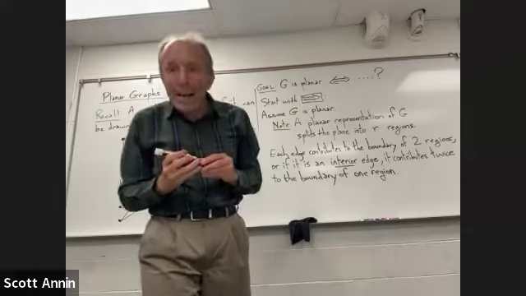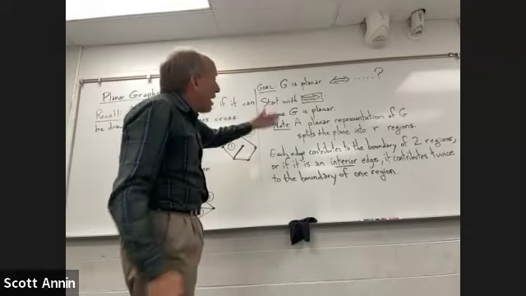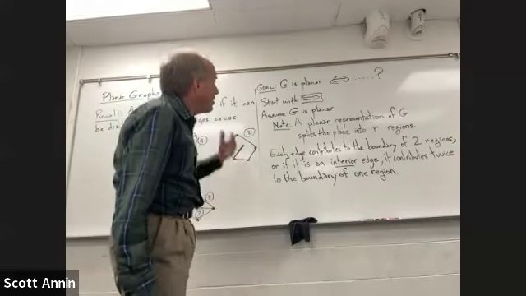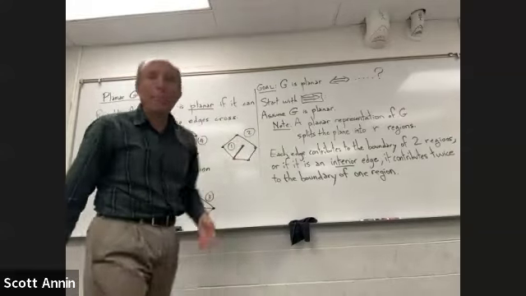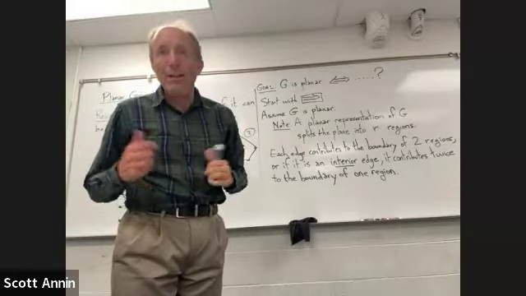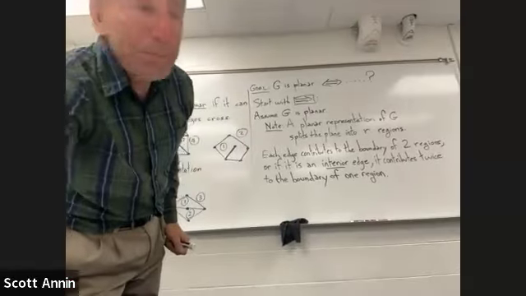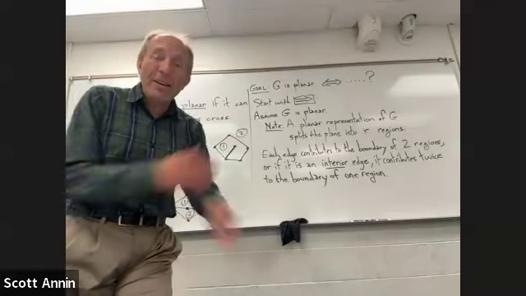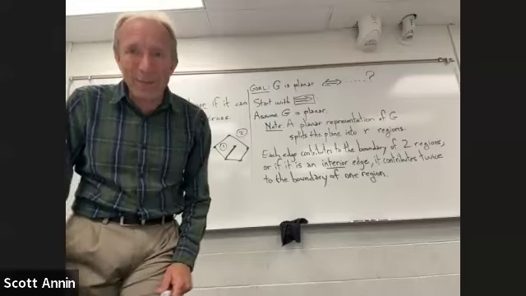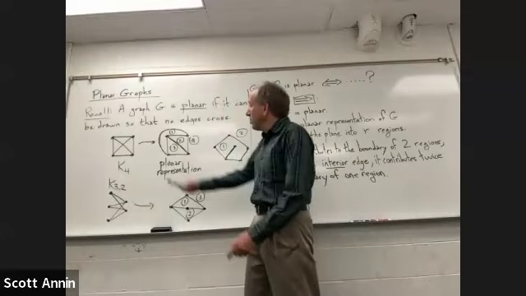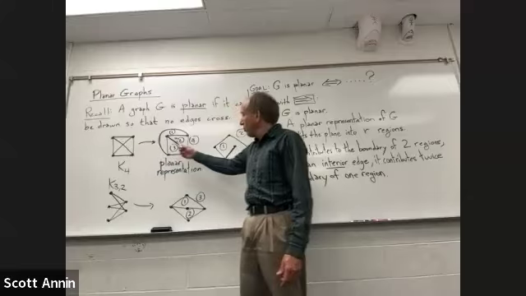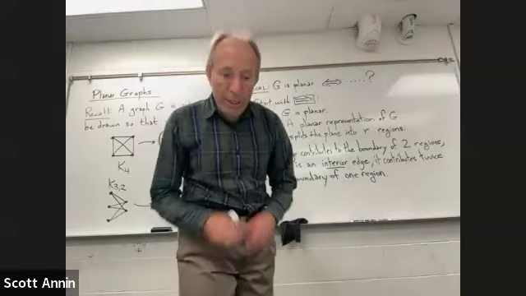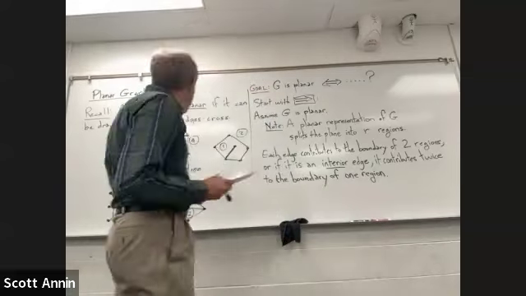So if you really want to analyze the graph in terms of how many regions it has, you need to do it in the context of a planar representation, not just any old representation of the graph where you could have unintentional crossings to begin with, right? So there's a big difference between working with this graph versus working with this graph, right? So we really want to make sure that it is a planar representation.